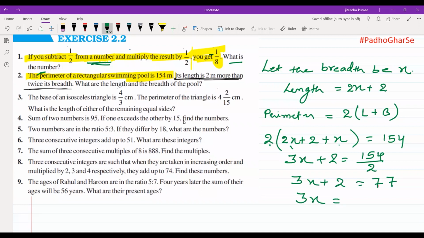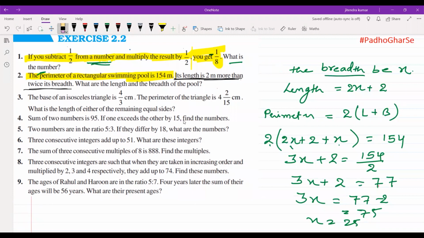So this will be equal to 77 minus 2, that is equal to 75. So x is equal to 25. So that is right. This is our breadth, as we have considered breadth as x. So what will be the length here? Please find the length, all of you.